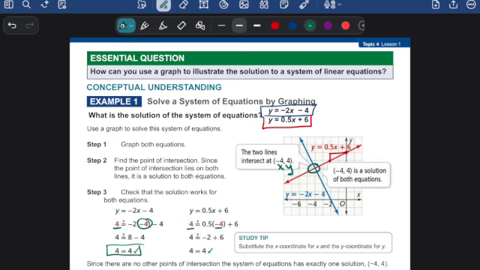Do the math. Half of negative 4 is negative 2. Negative 2 plus 6 is positive 4. That also works. That is true. So this point, negative 4, 4, is a solution for both equations. So it's the solution for the system. So when we're graphing, we're just looking where the two lines intersect. That point is the solution.